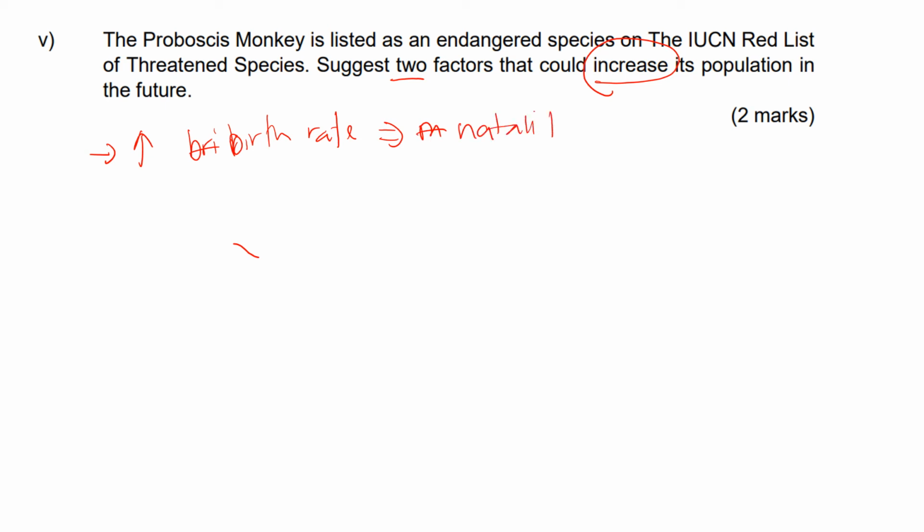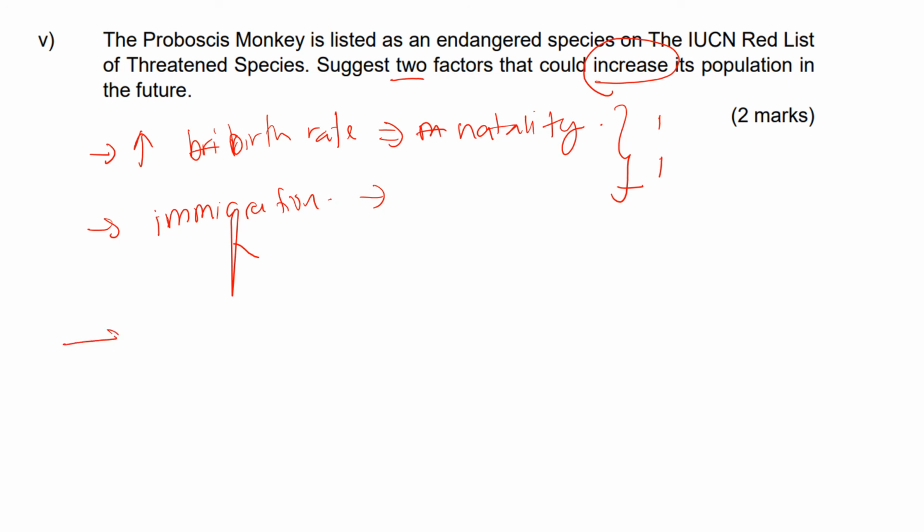Natality increase. The other factor that causes the population to increase is immigration. So immigration is more individuals moving into that population of monkey living in that habitat. So both points are worth 1 mark each.